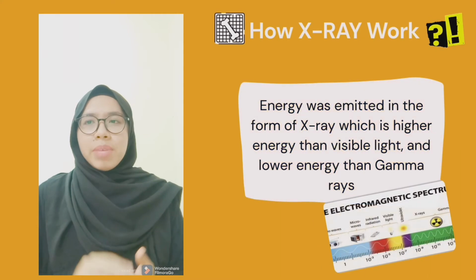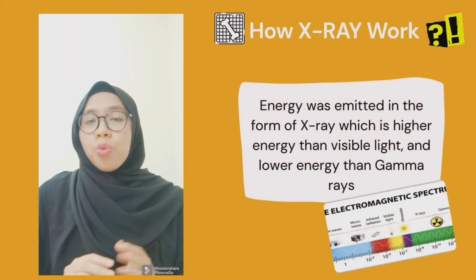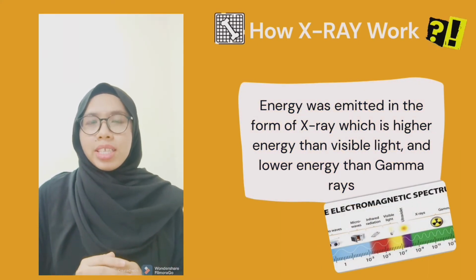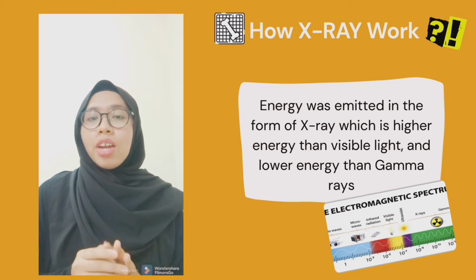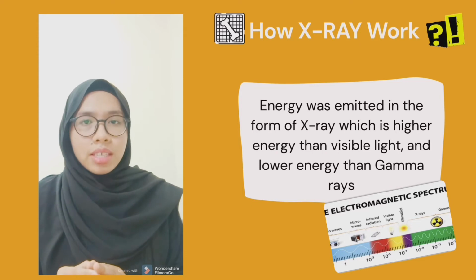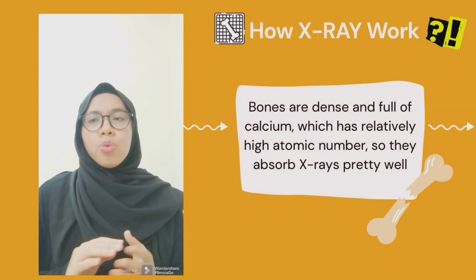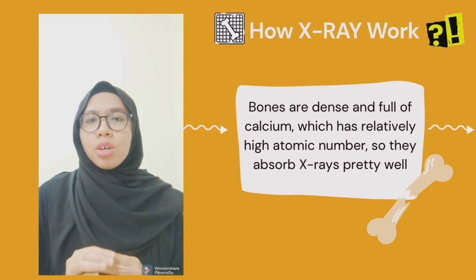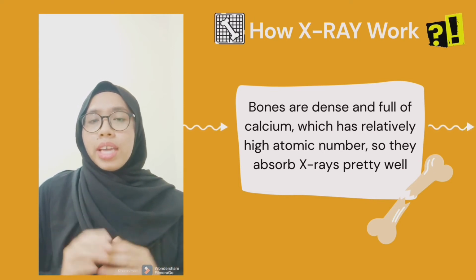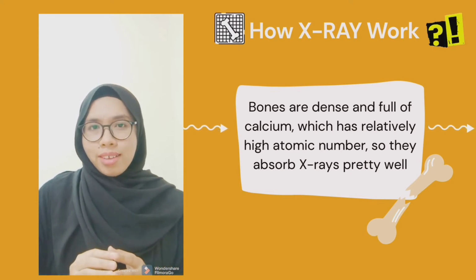Energy was emitted in the form of X-ray, which is a type of electromagnetic radiation with higher energy than visible light and lower energy than gamma rays. Our bones are dense and full of calcium, which has a relatively high atomic number, so they absorb X-ray pretty well.